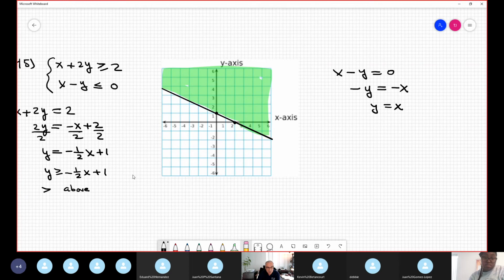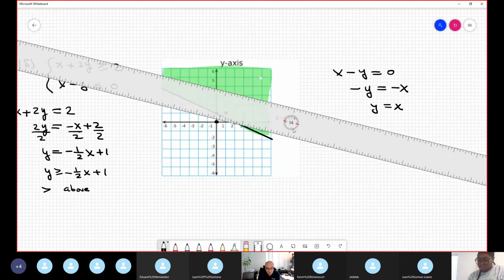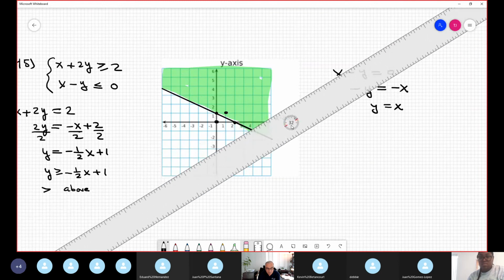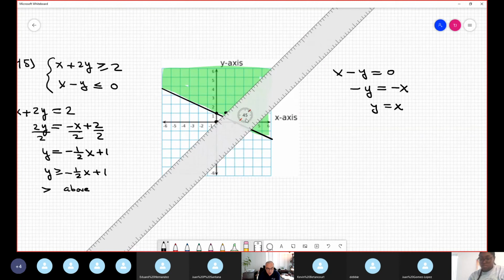B is 0, passing through the origin, and the slope is 1. 1, 1. Here is the second point, and you draw this line. 45 degrees. Exactly, 45 degrees, passing through the origin, 0,0. This is my line.